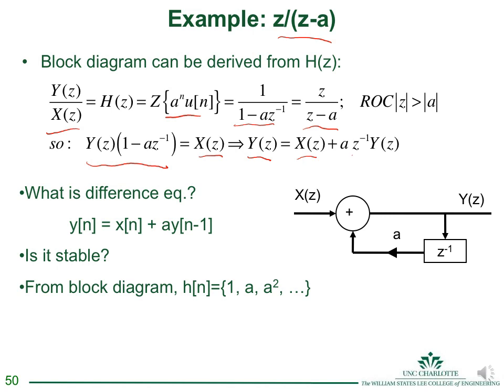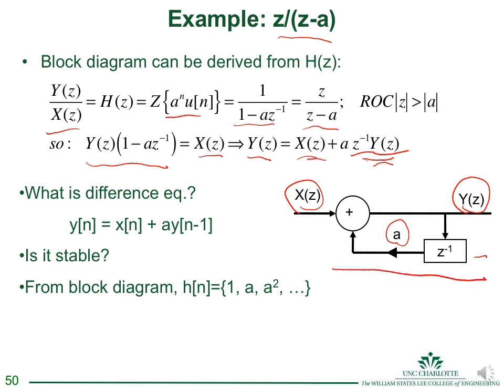Here I say I need z to the minus 1, so I add a z to the minus 1 block on the y side. I multiply by a, and I add that to x of z. And so the z transform can be used to draw the block diagram for implementing the system.